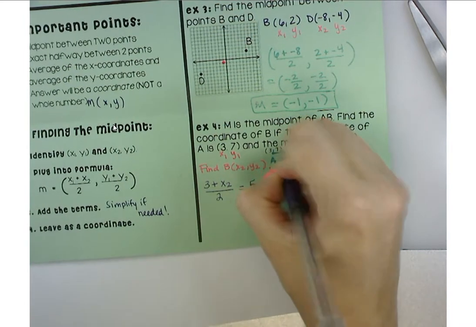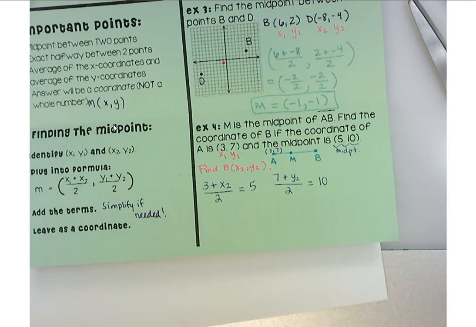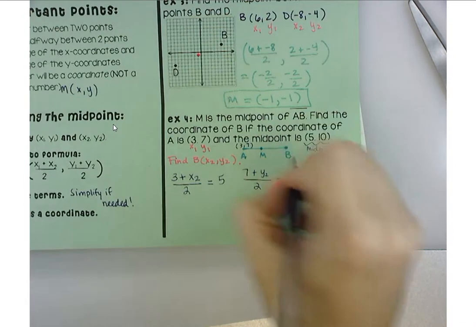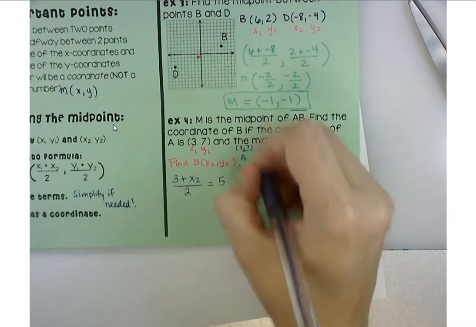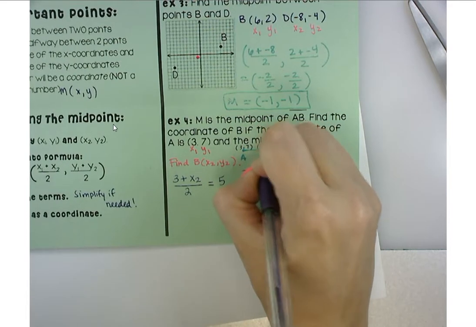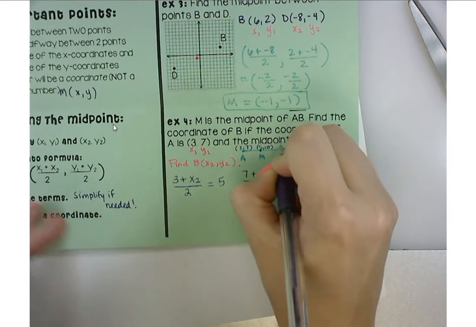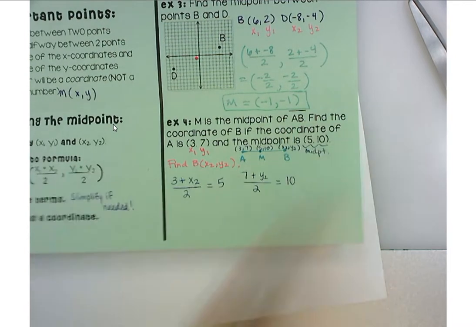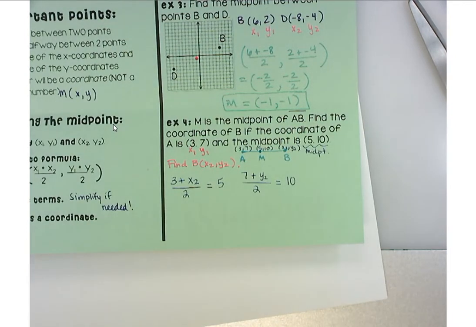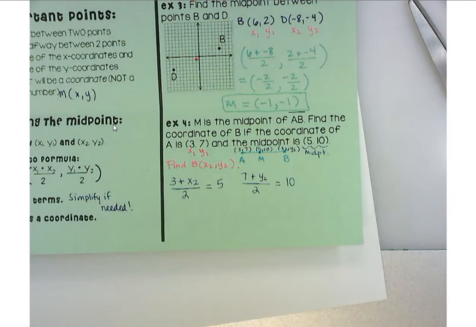I know this is flat, and obviously 3, 7 is not going to be flat with 5, 10, but this is just going to give you a little bit of perspective of what you have. So this is the 5, 10, and then you don't know what this is. It might also be helpful to graph that on your coordinate plane.